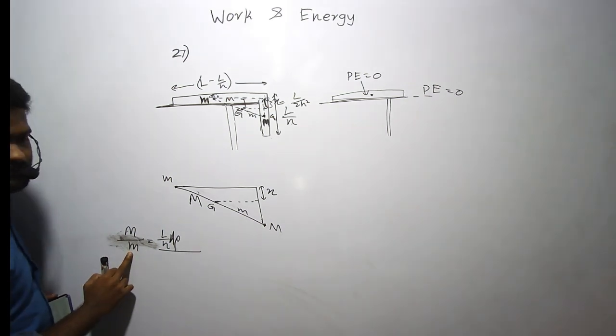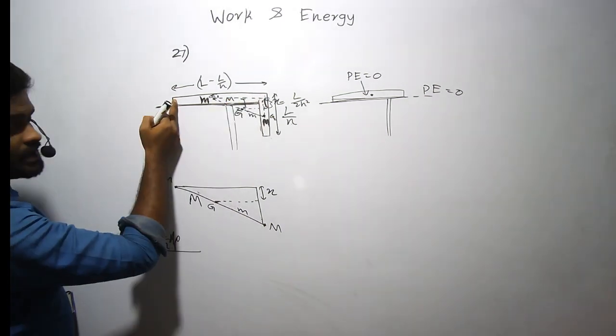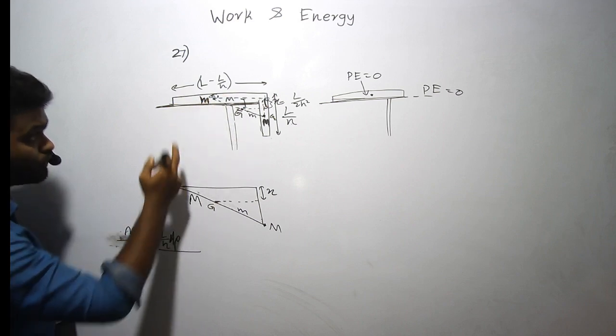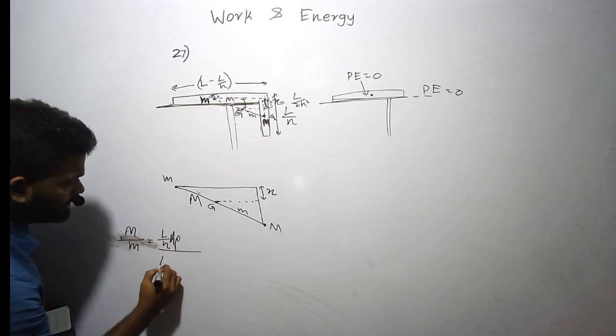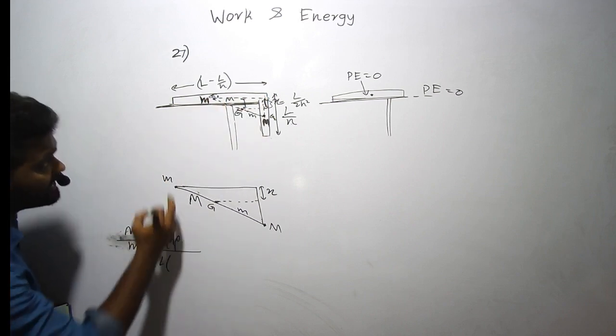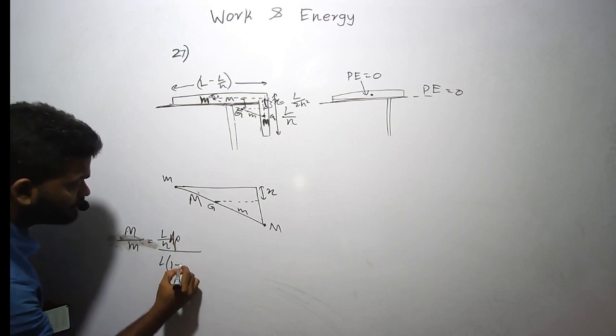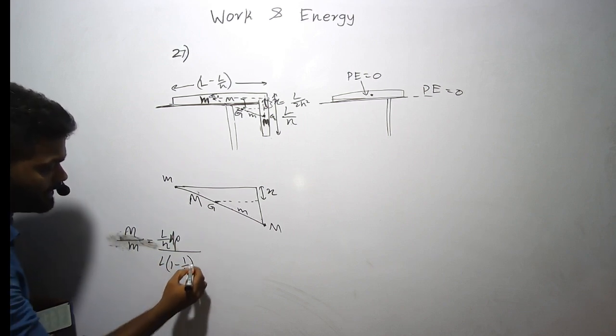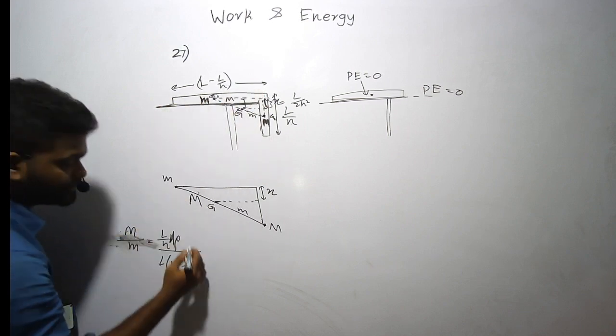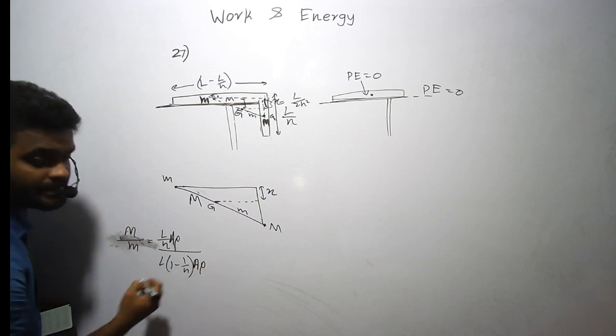Then simple M is this part. What's the total length of that part? L. I'll take L out, so you get 1 minus 1 over N, also multiplied by the same cross section and density.